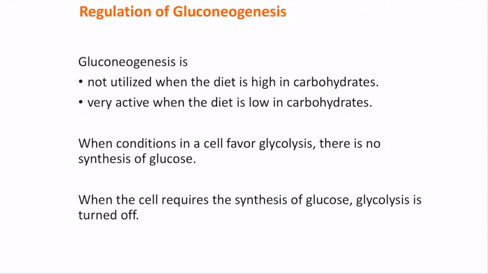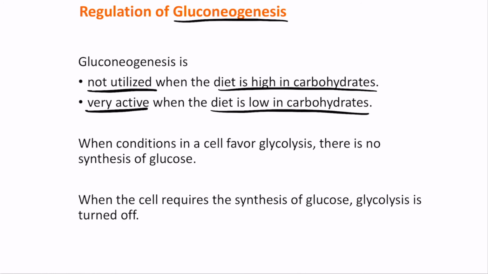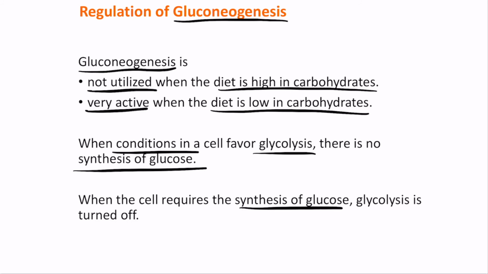So how do you regulate gluconeogenesis? Gluconeogenesis is not utilized when the diet is high in carbohydrates. This process is very active when the diet is very low in carbohydrates. This is very important because when your body enters gluconeogenesis, it can convert other molecules into glucose. So when conditions in the cell favor glycolysis, there is no synthesis of glucose. When the cell requires the synthesis of glucose, glycolysis is turned off.